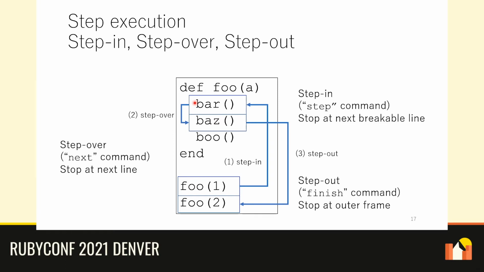Step over by the next command stops at just the next line, so it doesn't stop in the method bar, but stops here. And when we use the step out feature, used by the finish command, it stops just after returning from the current scope, so it doesn't stop here or in the method bar, but stops here.